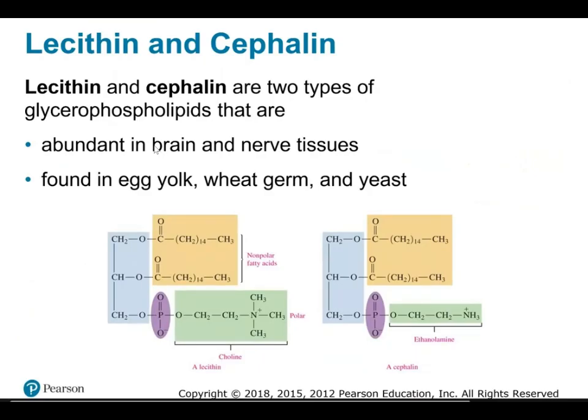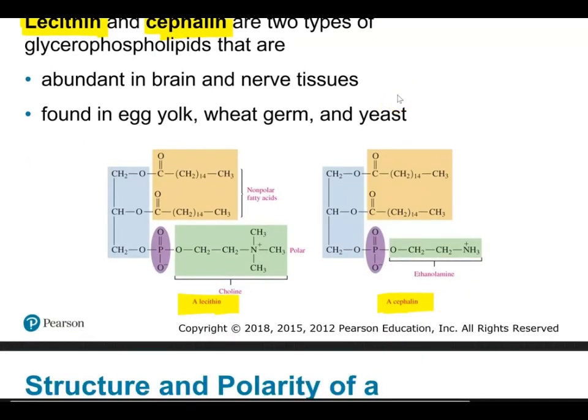So, 2 very interesting glycerophospholipids are lecithin and cephalin. Okay? So lecithin can be seen on the left, cephalin can be seen on the right. So here's why we care so much about phospholipids. Take a look.